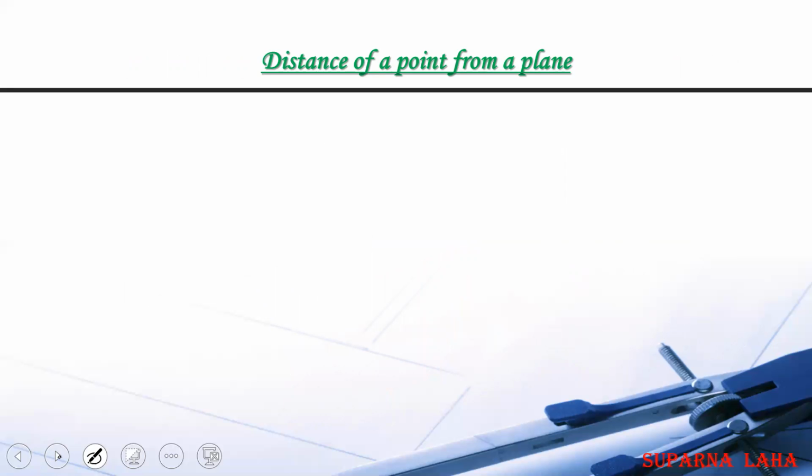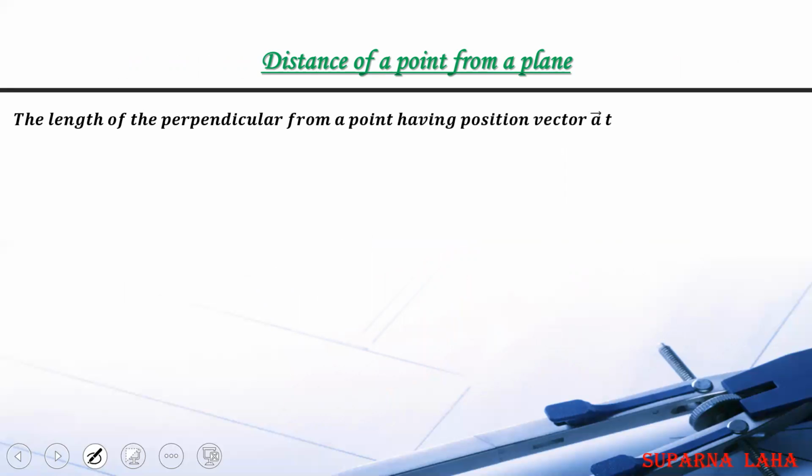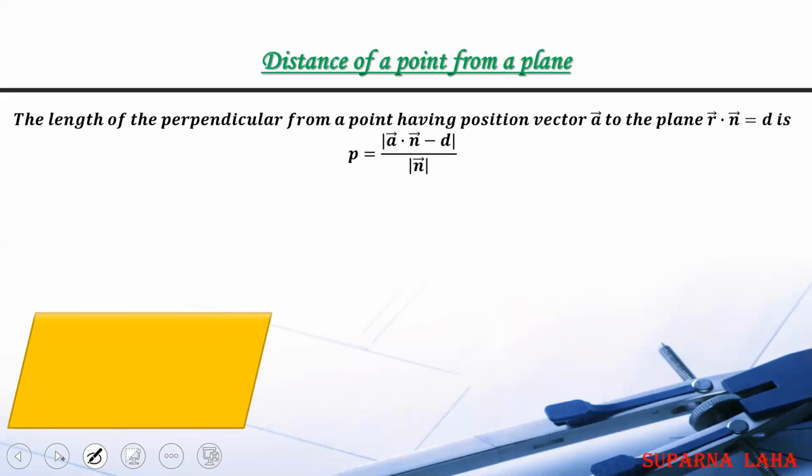Whenever it is mentioned that you need to find the distance, definitely you need to find the smallest distance, that is the perpendicular distance. So the length of the perpendicular from a point whose position vector is A to the plane whose equation is vector r dot product with vector n equals d is given by this P. Now let us find this value.